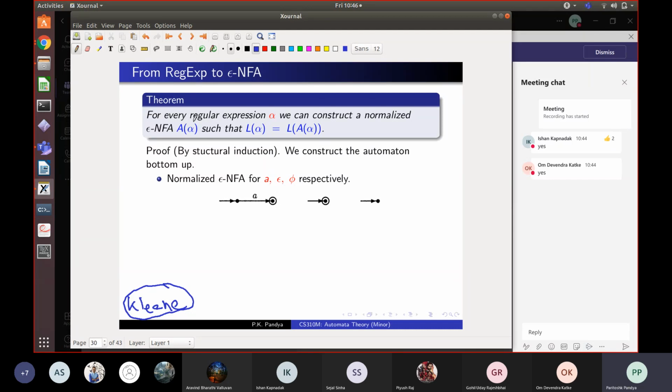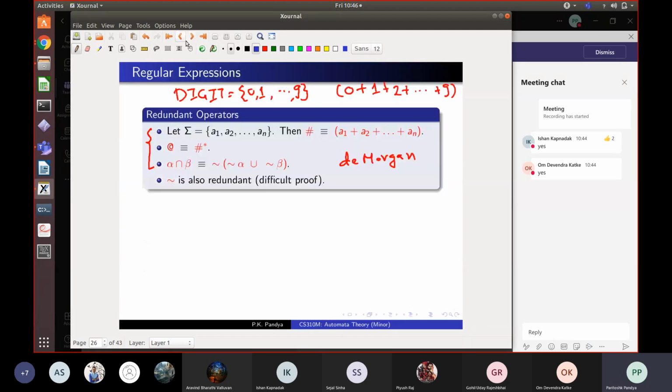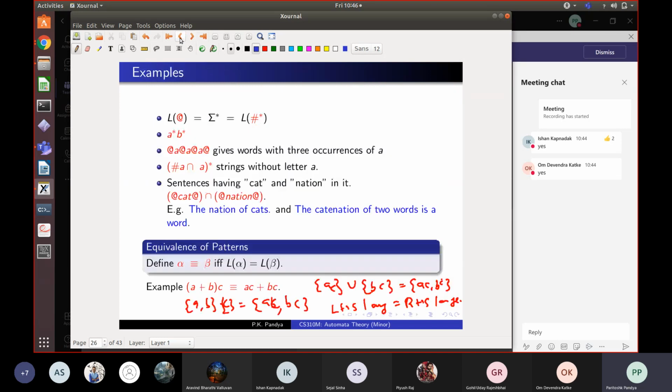But first let's prove this theorem. It's not very difficult to see. And this theorem is also proved by structural induction, right? Just as we defined the language of an expression using its parse tree in a bottom-up fashion.